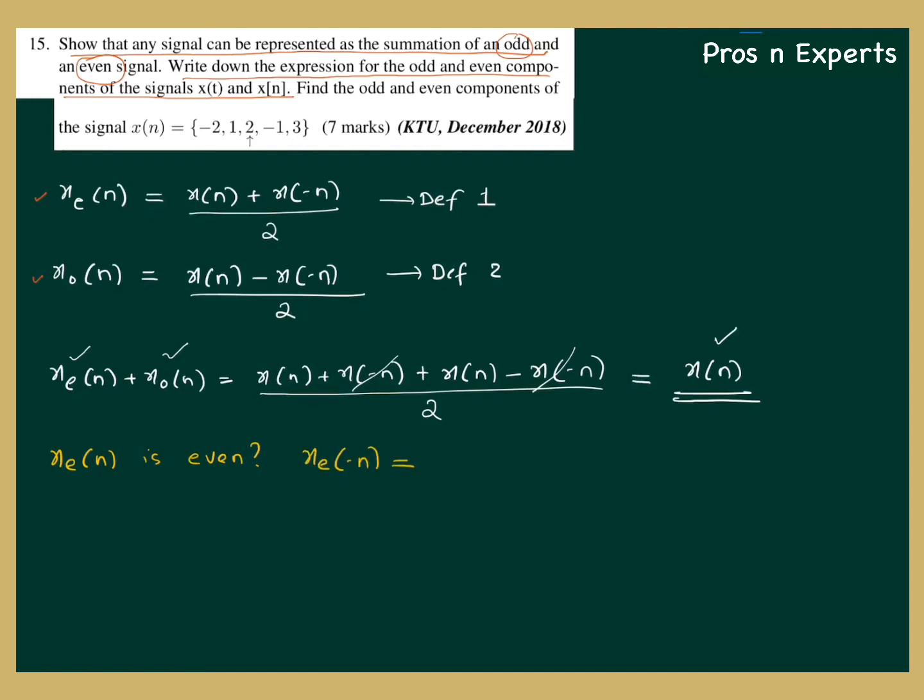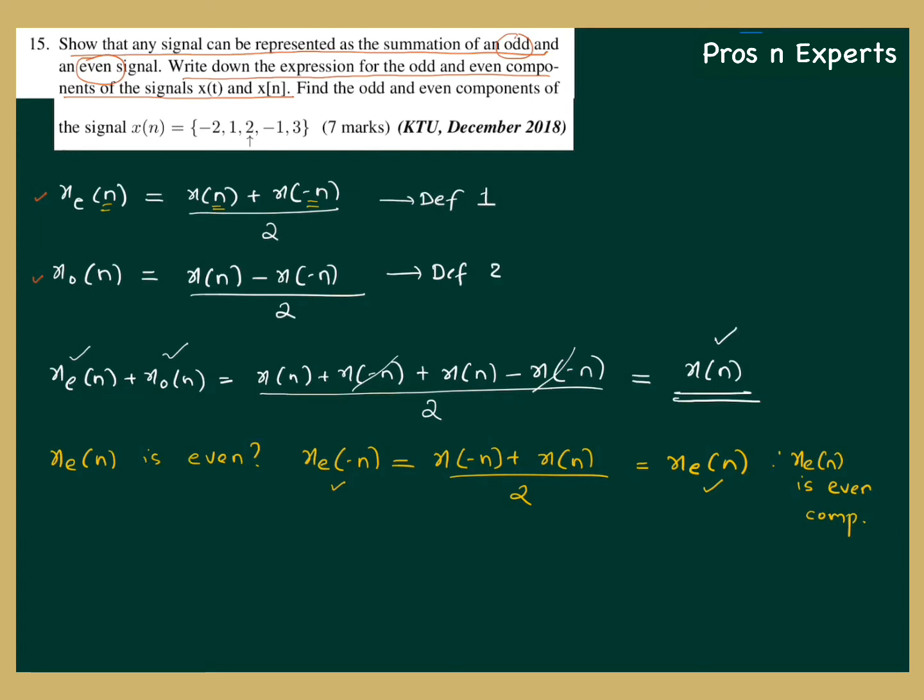Xe of minus n means you replace n with minus n. So this is x of minus n plus x of n by 2. That is the same as xe of n. So what you have obtained is xe of minus n gave you xe of n. Therefore, xe of n is the even component.